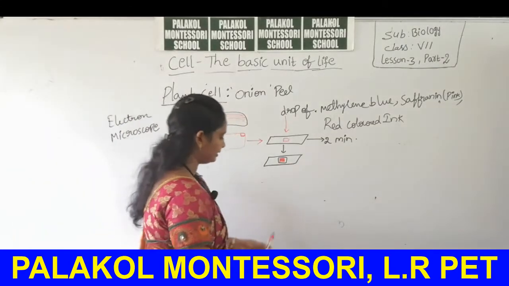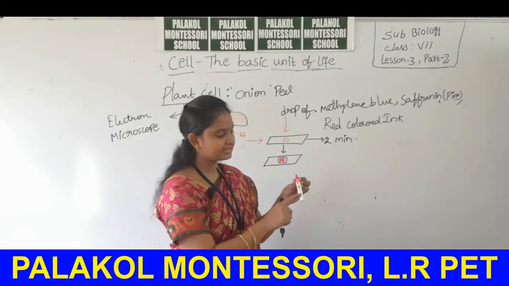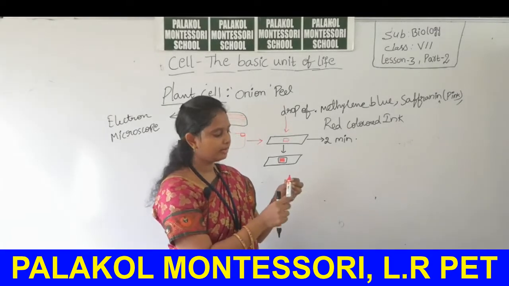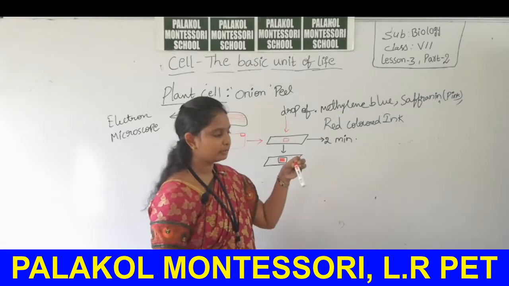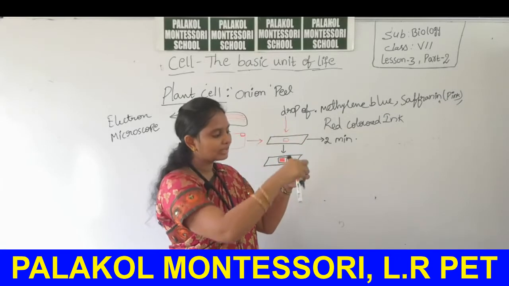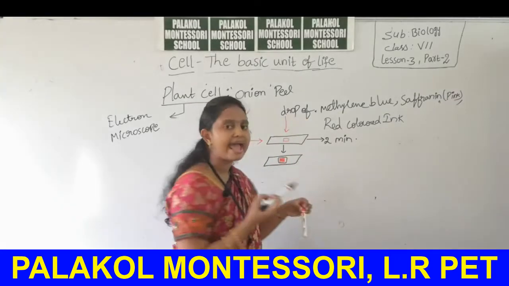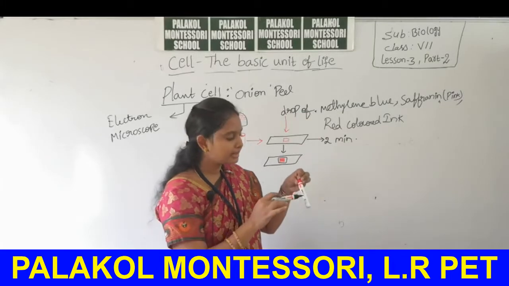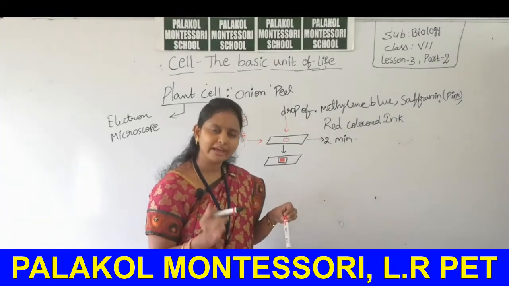Now this glass slide is put in a slant position. Carefully take this slide and keep it in a slant position. Now add a drop of water to clean the excess color present on the onion peel membrane. Why?